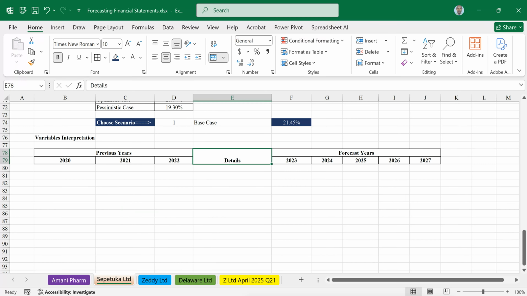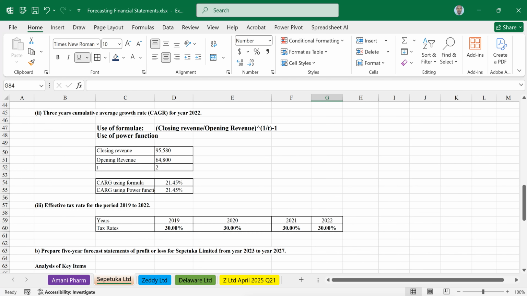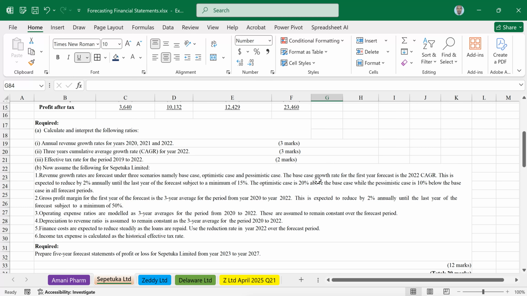Now, once we have created a schedule like this for the previous years, then the detail, then the years under forecast. Remember, we are forecasting for 5 years. We move to the first note, B note 1: the base growth rate for the first year is CAGR.